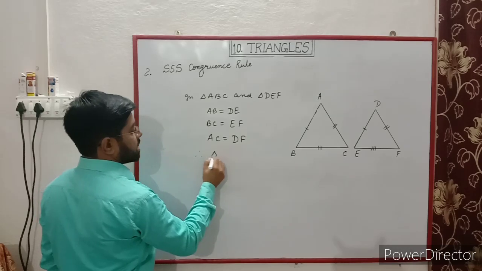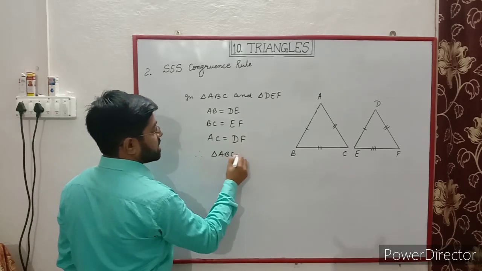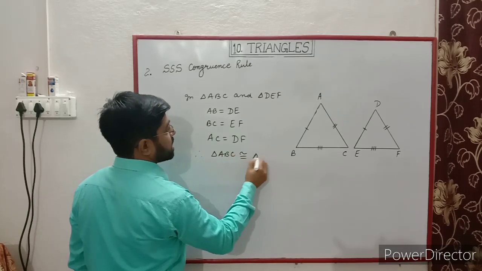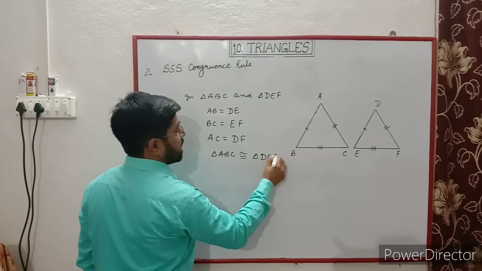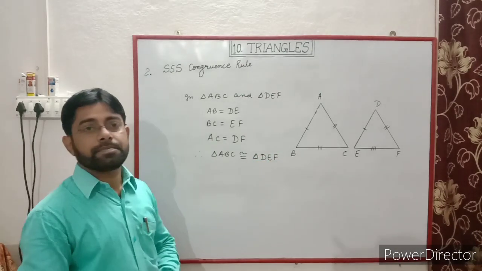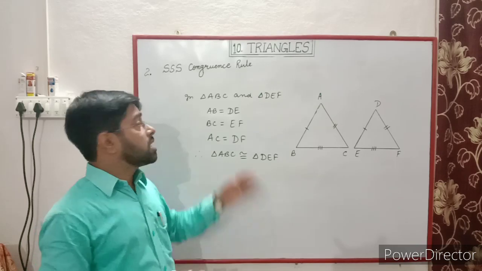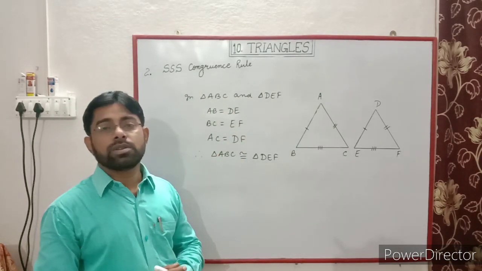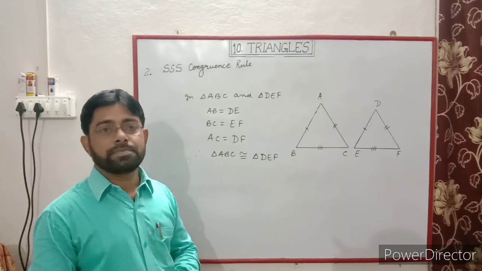Therefore, triangle ABC is congruent to triangle DEF. We have proved the SSS congruency rule.